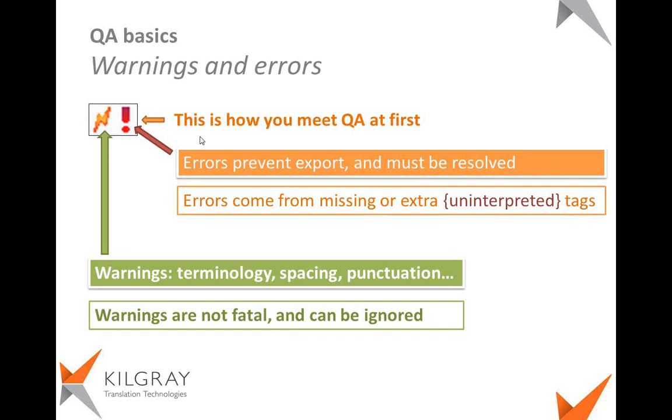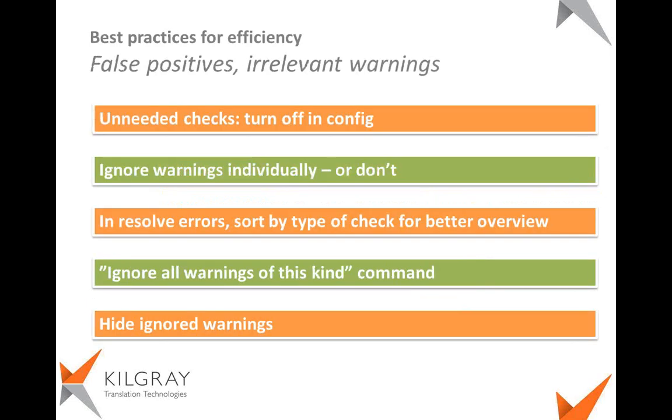Although warnings are not fatal and can be ignored, in some cases it is not advisable to ignore them. In other cases, it is best to ignore them, but if you need to ignore an entire type of warning, it might also be advisable to turn that check off. So let me give you some best practices and details here.